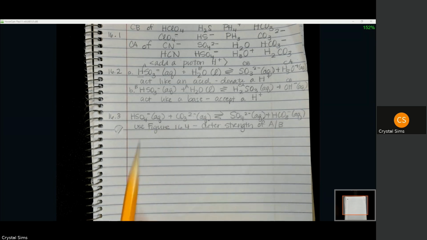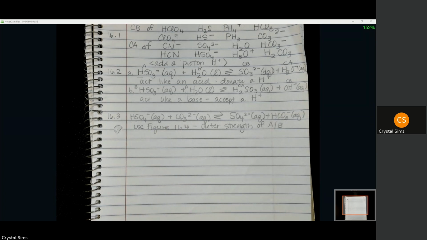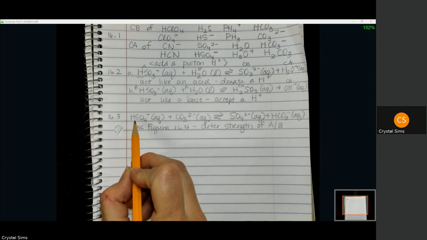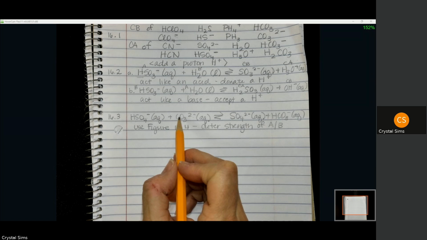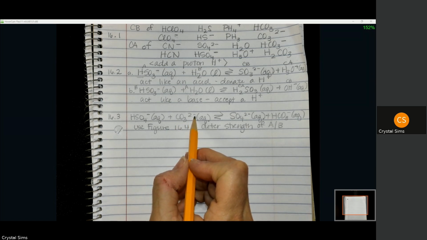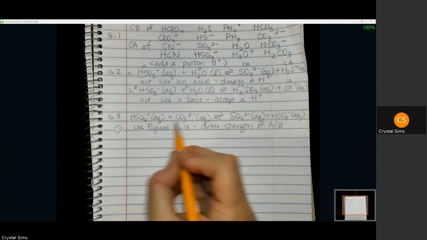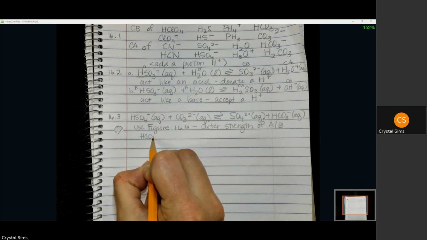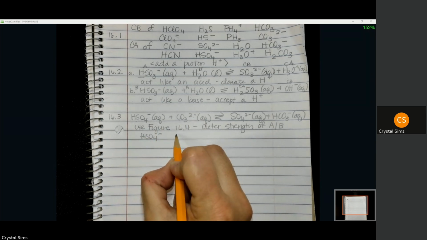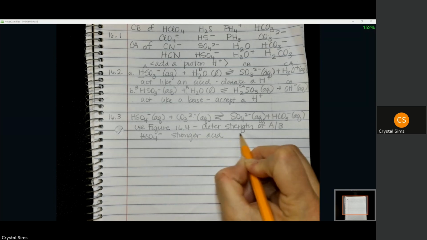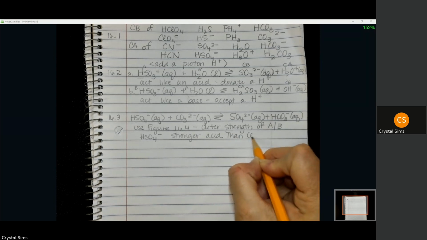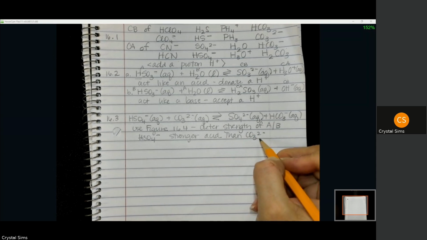And when we see where those lie, where I showed you, we see that HSO4 minus is a stronger acid than CO3 2 minus is a base. So HSO4 minus is a stronger acid than the CO3 2 minus is a base.